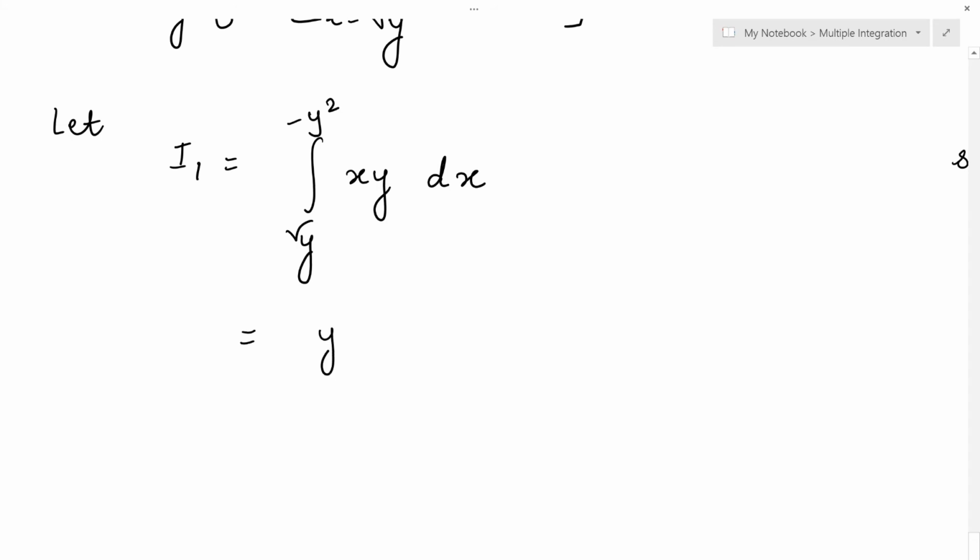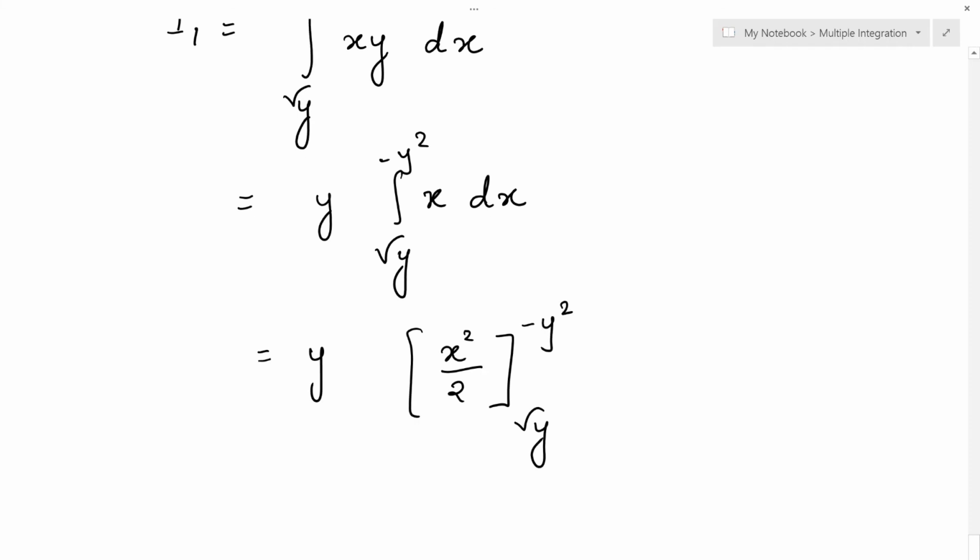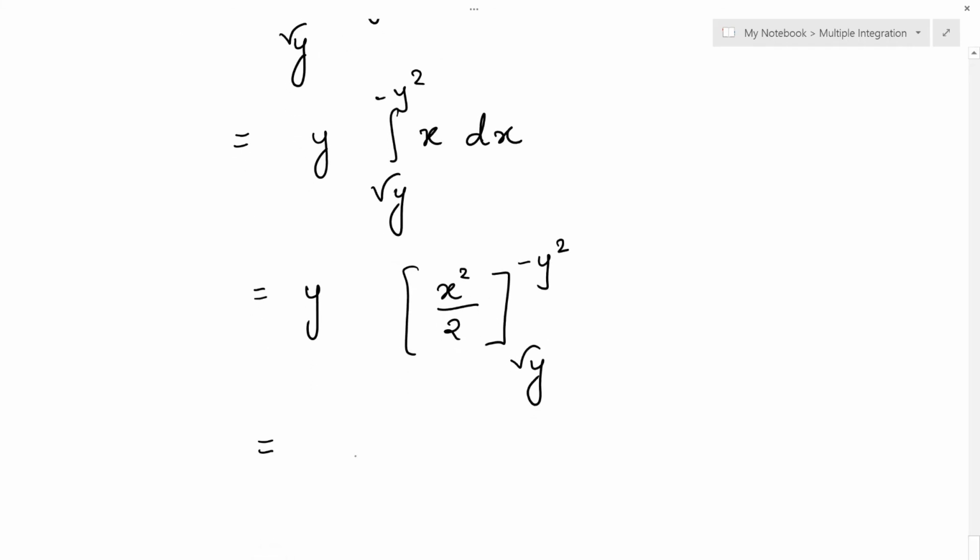y is a constant. With respect to x we are integrating, right? So this is x dx. Let me take the integration for this. This is x square by 2, right? This is root y minus y square. So this will be y by 2. Let me substitute the limits.